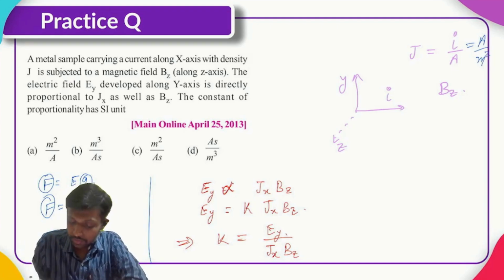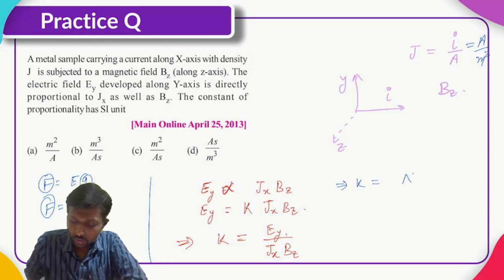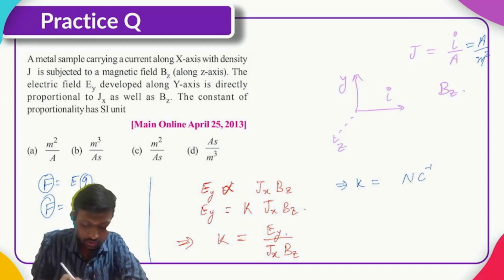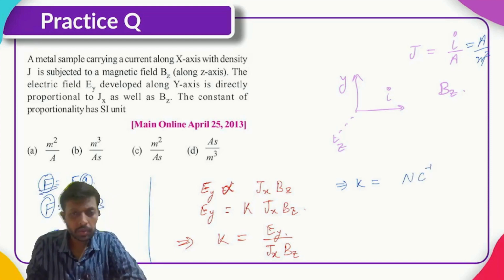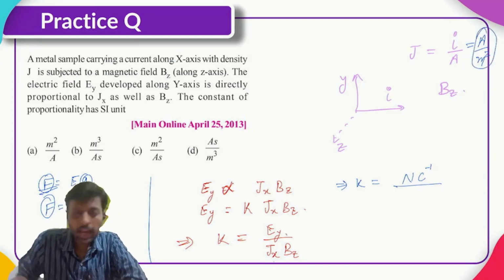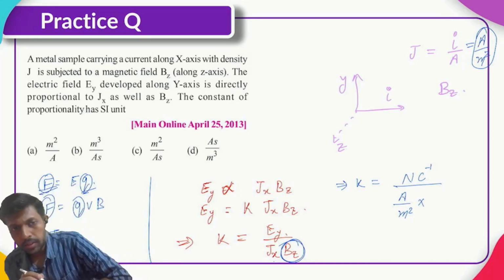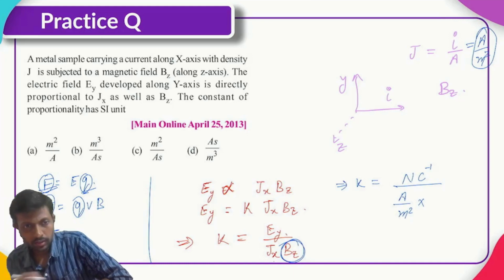So now let's substitute and see what unit of K is coming out to be. That means Newton per coulomb. See, force upon charge, so Newton per coulomb, upon Jx, so the unit of that is ampere upon meter square, multiplied by the unit of Bz. The unit of Bz, as you can see from this side, it's Newton per coulomb per unit of velocity, which is meter per second.